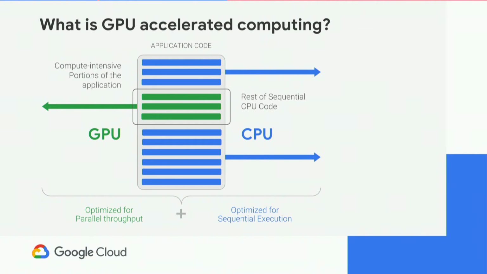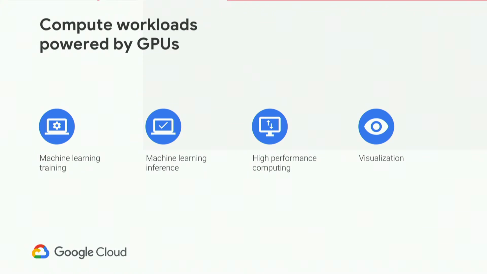Instead of doing it one at a time and taking a long time, what if you do that math all at the same time? So the code in the green, the math part, let's ship that to the GPU that could do it fast. Let's multiply 10 numbers together, 100, 1,000, 1,000,000, 1,000,000,000, get it done quickly, and put the results back to the CPU. In essence, that's GPU accelerated compute. Together, it's speeding up your applications.